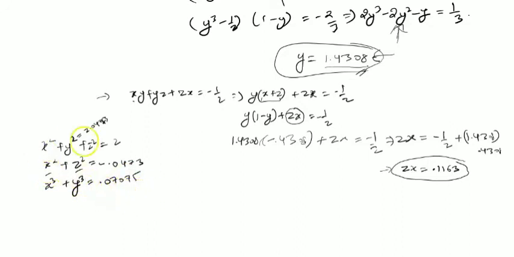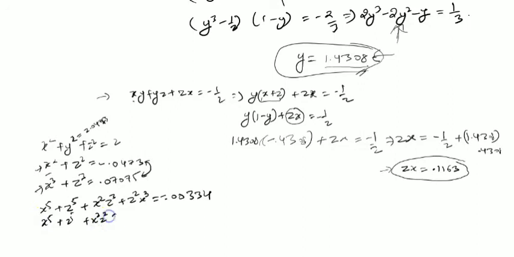And because we want every variable in this equation to be raised to the power 5, I am going to multiply this to this, and this is going to be negative. And because we just calculated that if we take x square z square common, I would get x plus z equals 0.00334. I'm just going to put the value for this, which is 1 minus y, and 1 minus y is 0.4308.